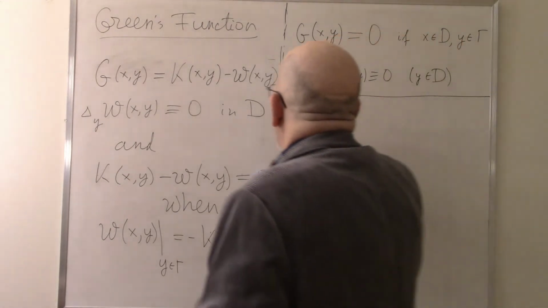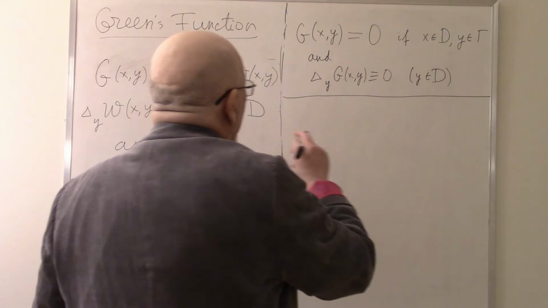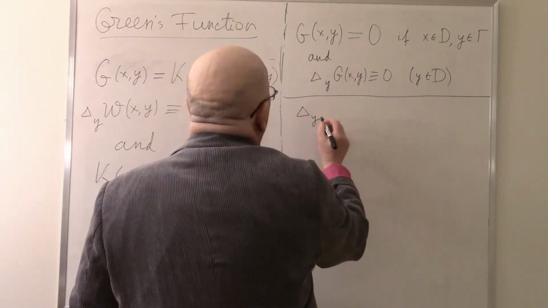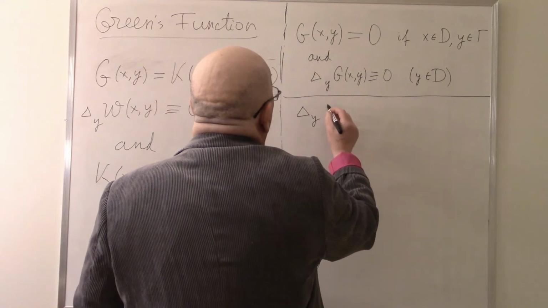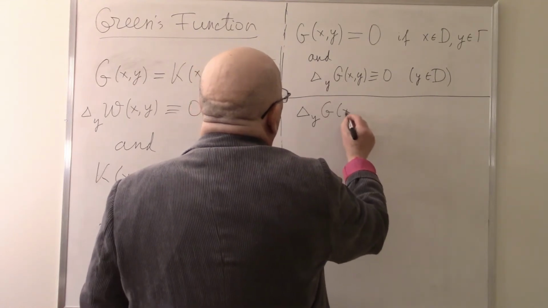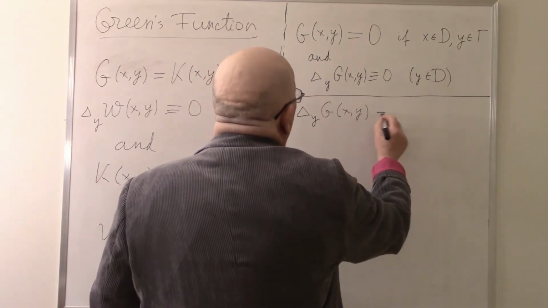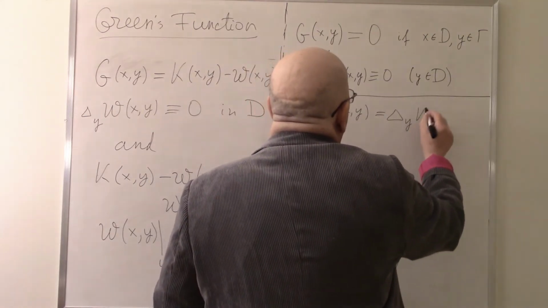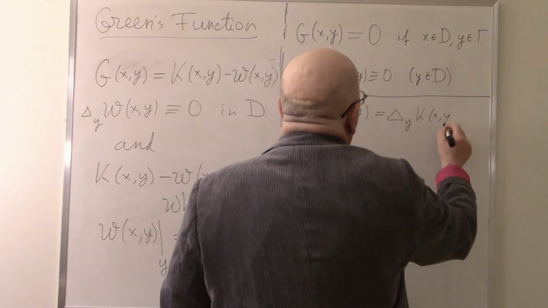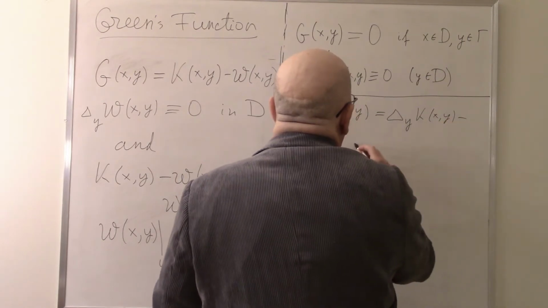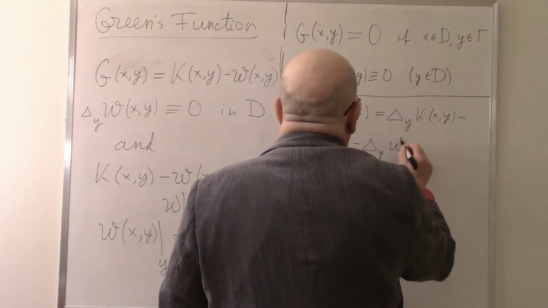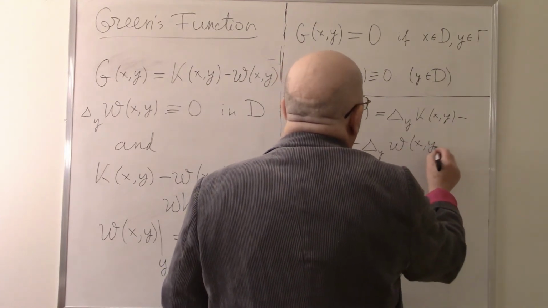let us write the following. First of all, the Laplacian with respect to y of g of xy equals the Laplacian with respect to y of k of xy minus the Laplacian with respect to y of w of xy.